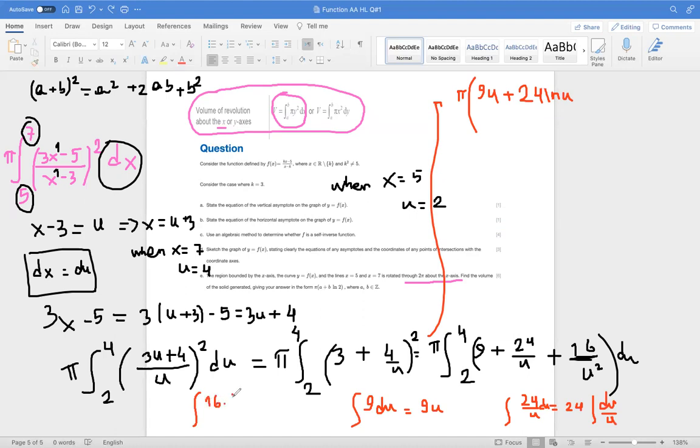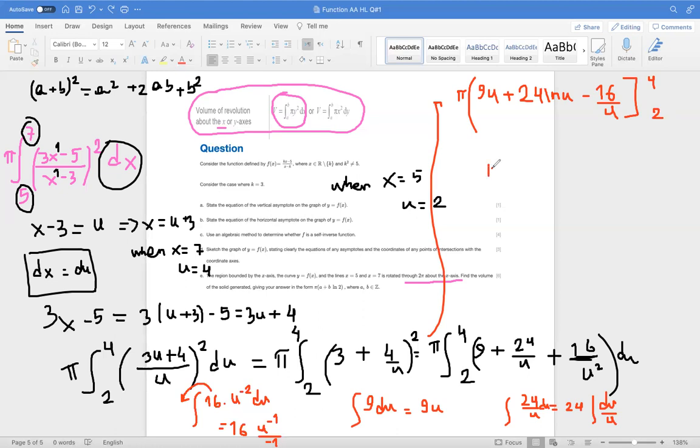Can we express this as u to the negative 2 du? Yes, we can. And 16 moves outside of the integral. So u to the negative 2 du will be u to the negative 1 over negative 1, which will be negative 16 times 1 over u. So 16 over u. Okay, and then what's my interval? From 4 to 2.